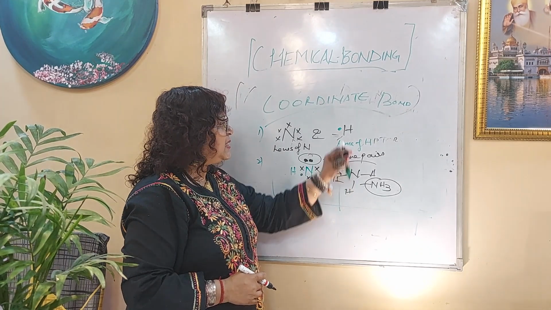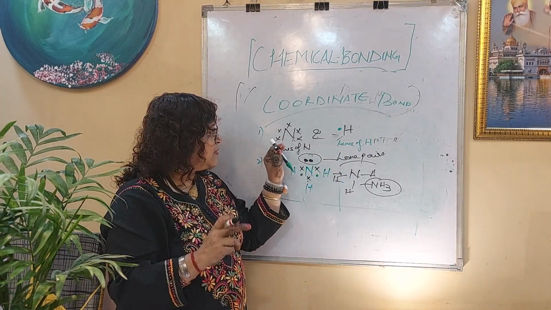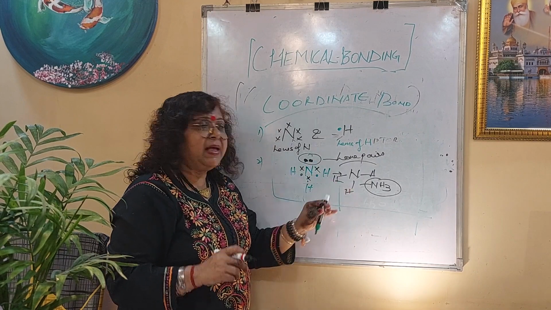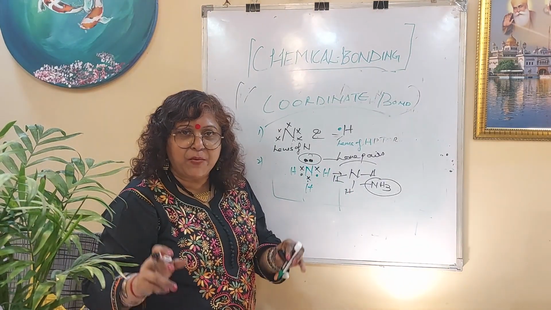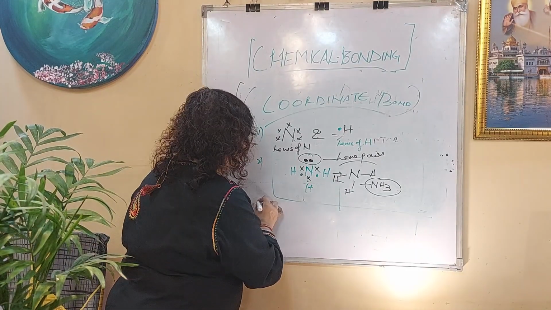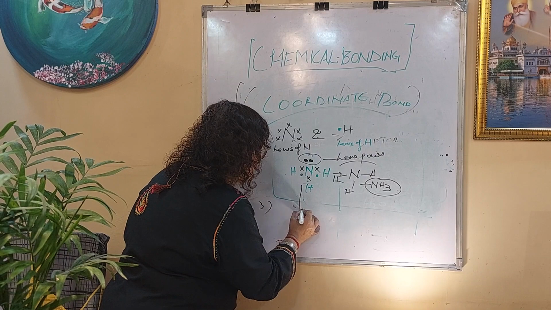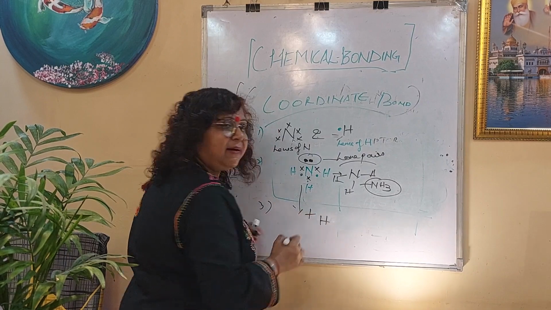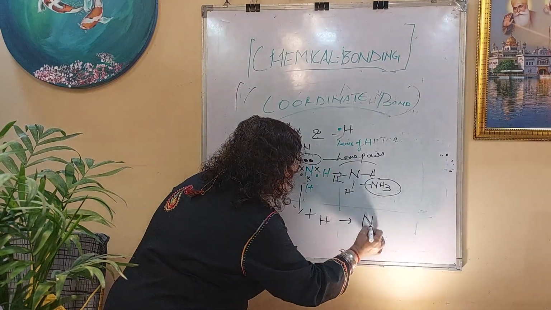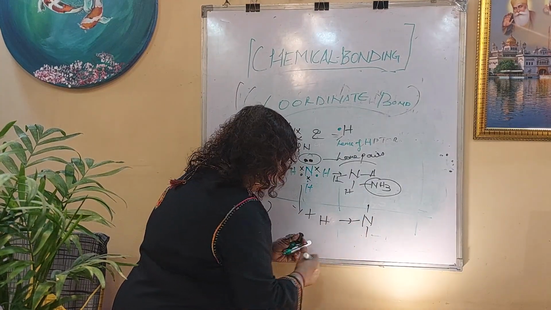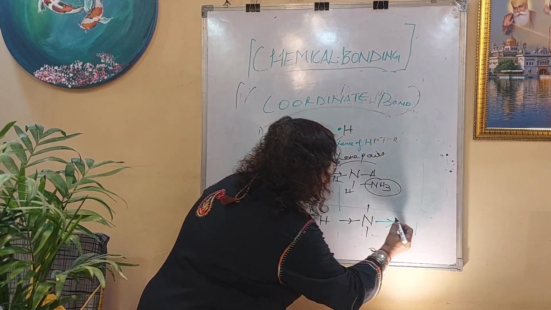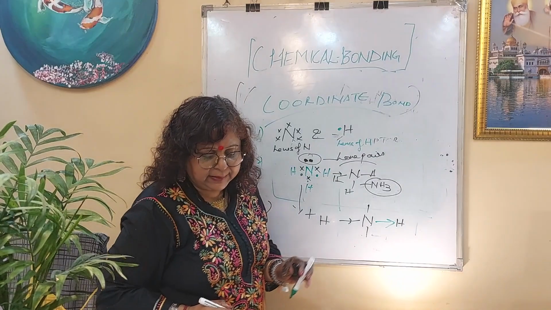So first you will draw the Lewis structure of nitrogen and hydrogen, then the lone pair will remain when you form ammonia, and now you will form ammonium ion. Last step will be formation of ammonium ion. That is the same thing combining with H, and you will show nitrogen, and the lone pair will be donated to hydrogen, the acceptor.